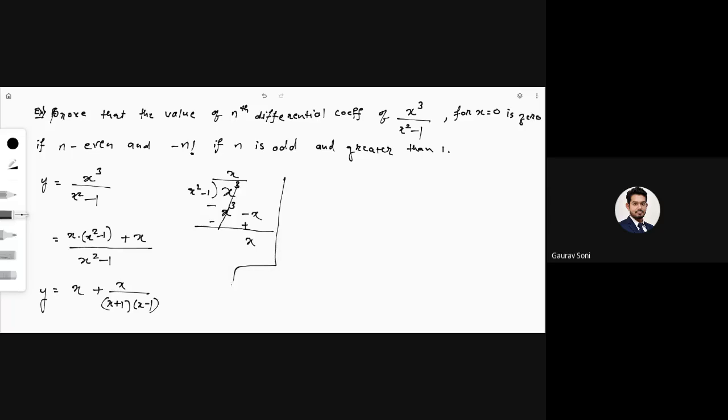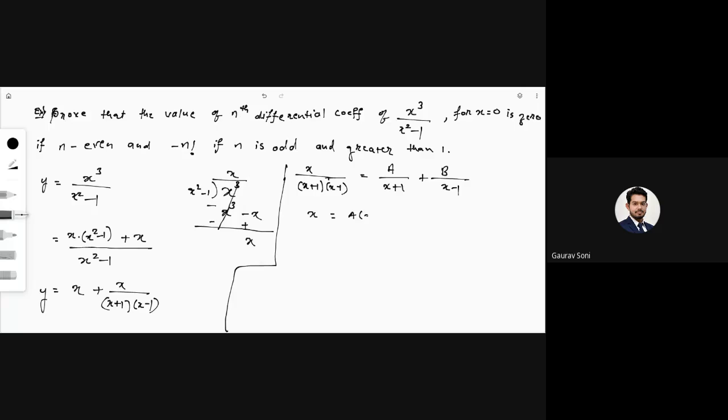Now I can use partial fractions for the second term. I have to write x upon x plus 1 into x minus 1 as a upon x plus 1 plus b upon x minus 1. Sir, can we directly put plus 1 and minus 1 as well? Yes, of course you can do that.